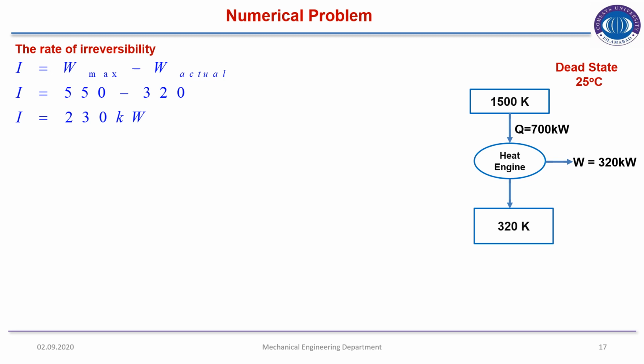So if the Carnot heat engine is replaced by this heat engine, it will produce 550 kilowatt of work, and actual heat engine produces 320 kilowatt of work. So the rate of irreversibility I is equal to 230 kilowatts.